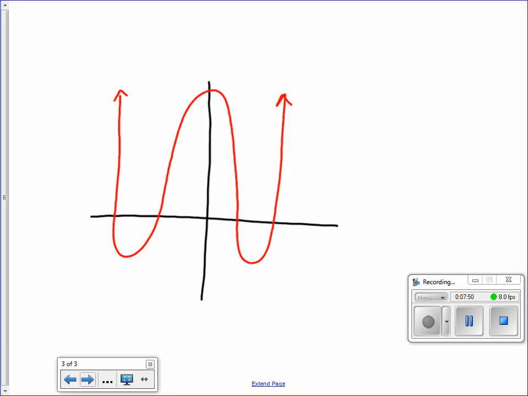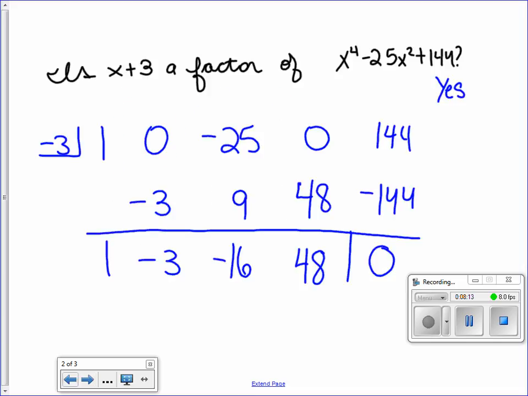And x plus 3 is one of its factors, which means at -3, it hits 0. Okay? A factor is a solution, is a 0, is an x-intercept. They're all the name for one particular thing. So on this problem, if you were to put -3 into this, your answer would be 0, because x plus 3 is a factor.